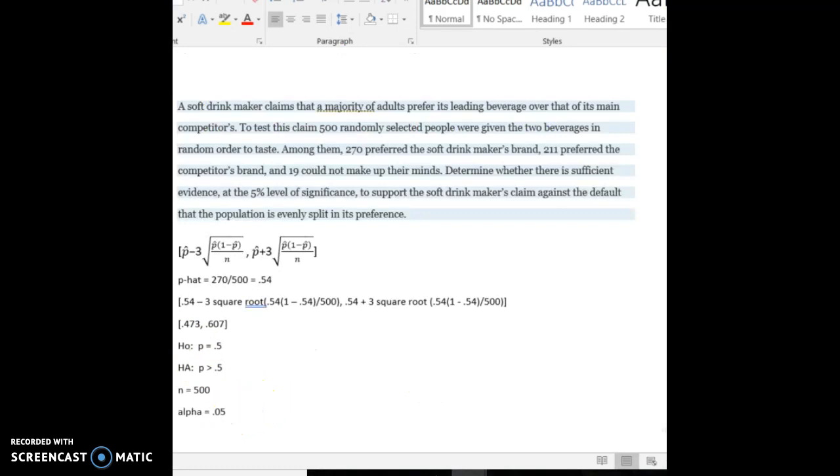All right, so z is 1.645. There's our critical value. Since this is a right-tailed test, we're going to do our test statistic, and if our test statistic is bigger than or to the right of 1.645, we will reject the null hypothesis.